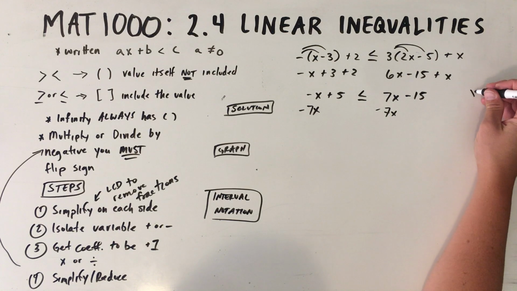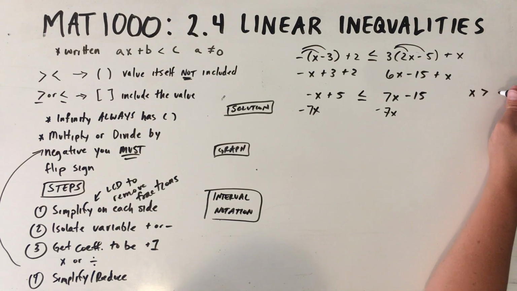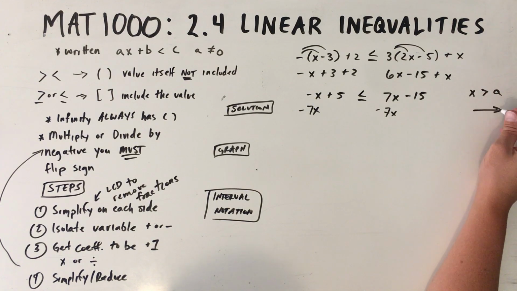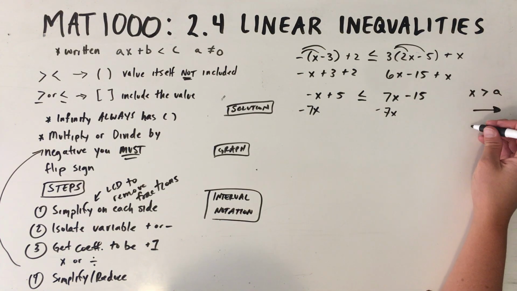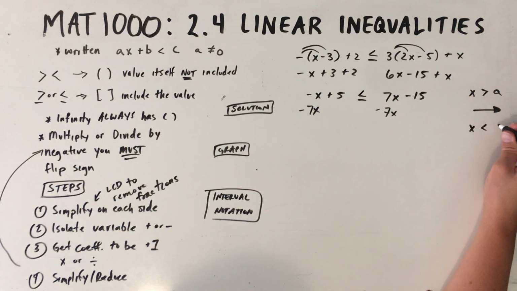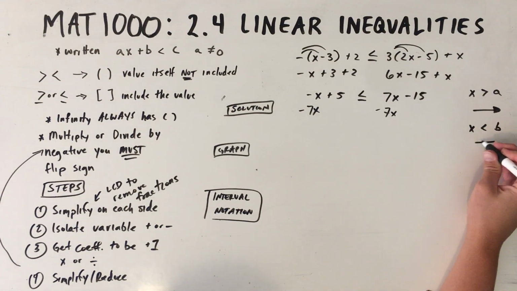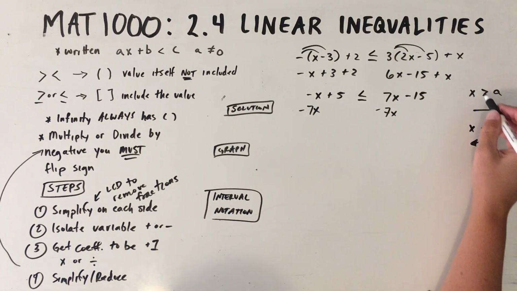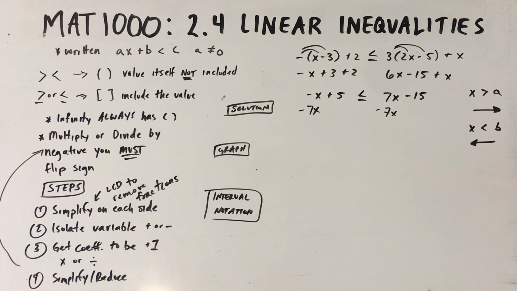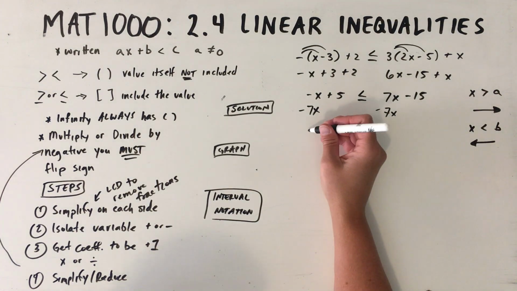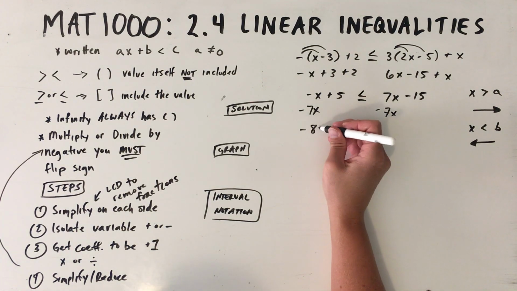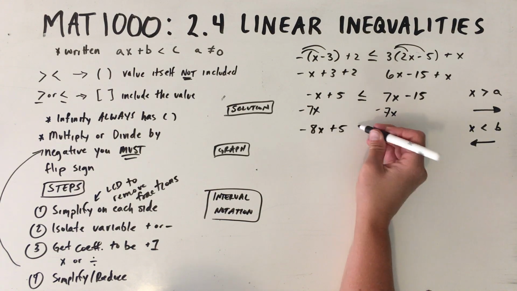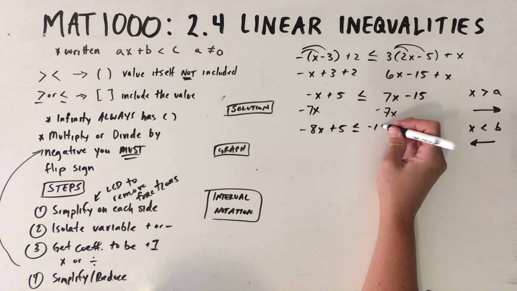So if you have your variable on your left and it says greater than something, then the arrow on the graph will point this same way. And if the variable's on the left and it says less than something, then the arrow on the graph will point the same way as the arrow in the inequality. Just a little tip there. Okay, so I have a negative 8x plus 5 is less than or equal to a negative 15.